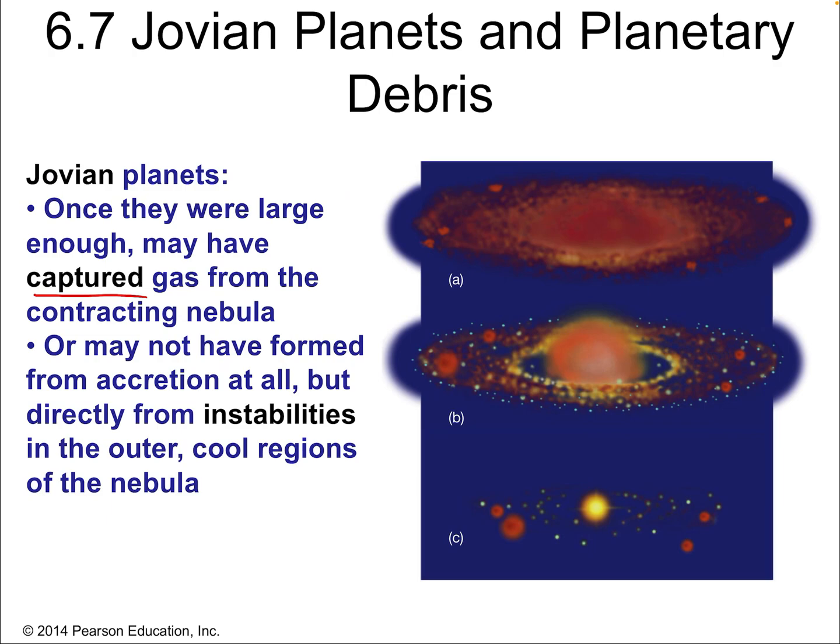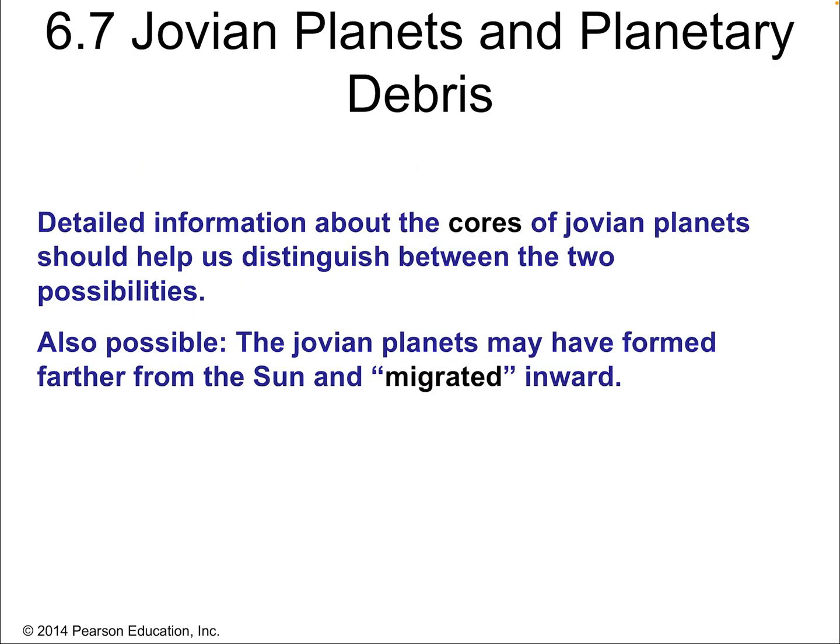Or they may not have formed from accretion at all, and may have formed directly from instabilities in the outer cool regions of the nebula. So there are more complex models and more unanswered questions in terms of the formation of the Jovian planets, because they're a little bit too big to have a simple explanation like the terrestrial planets. Okay? So detailed information about the cores of the Jovian planets should help us distinguish between the two possibilities.